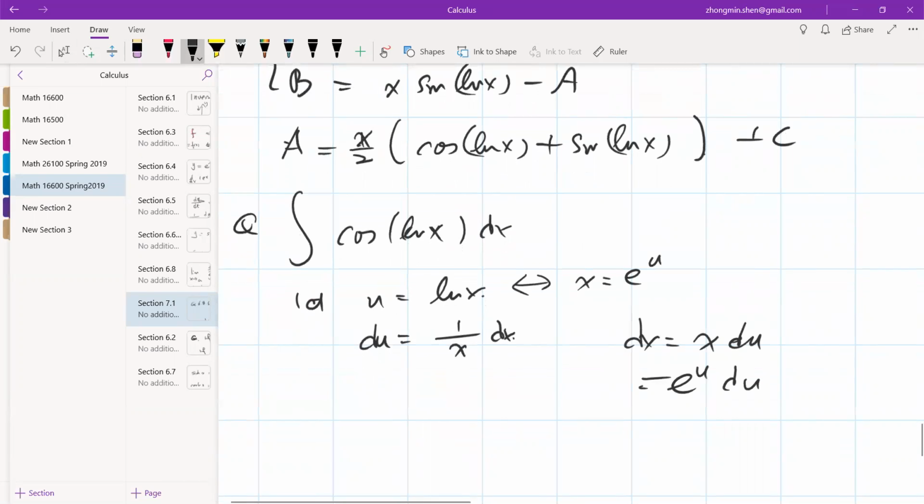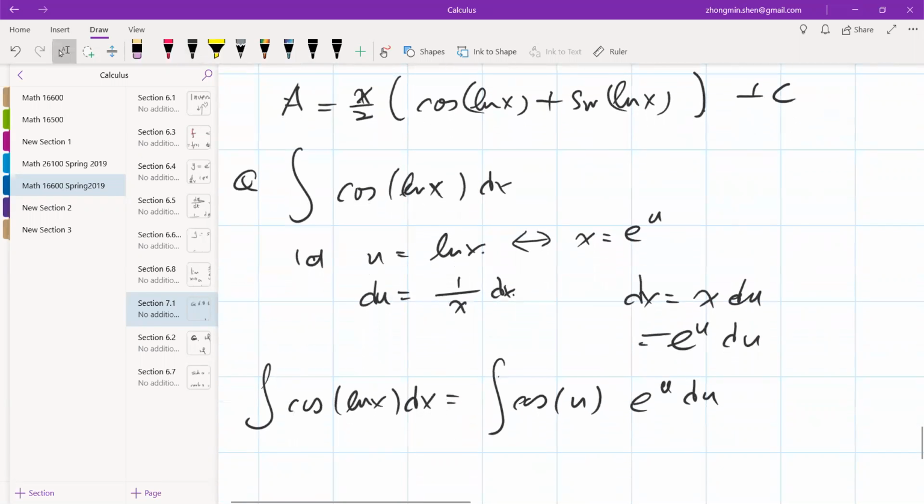All right. So the integral becomes the integral of cosine u times e to the u du. All right. It does not look simpler. It does not look simpler.